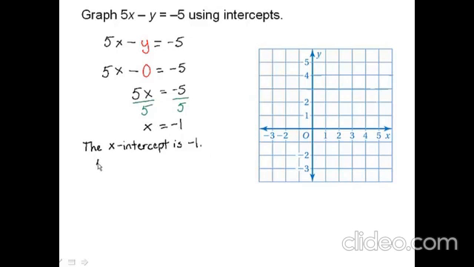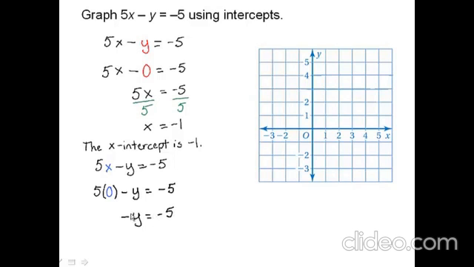We have the equation 5 times x minus y equals negative 5. When we substitute 0 for x, we get 5 times 0 minus y equals negative 5. 5 times 0 is 0. So on the left, we have negative y.